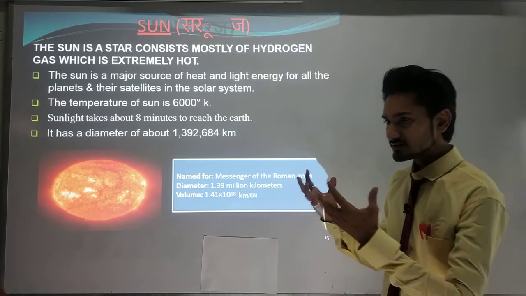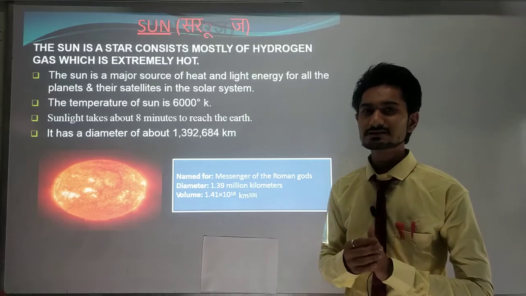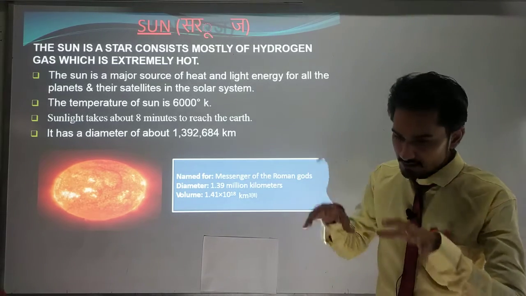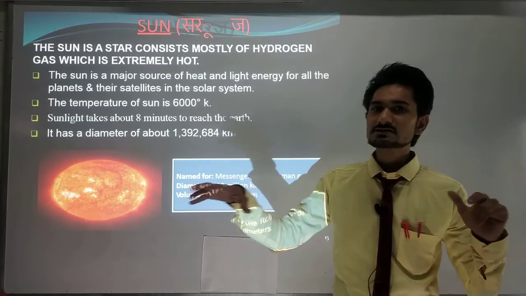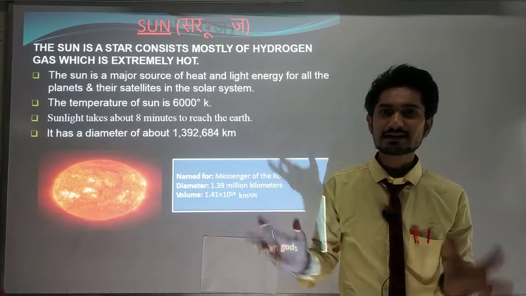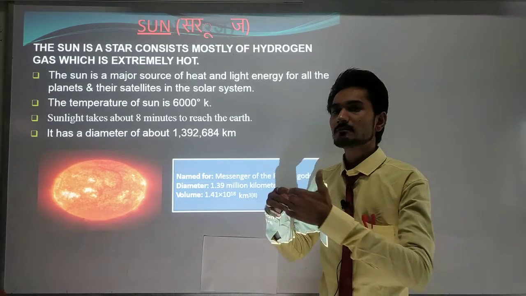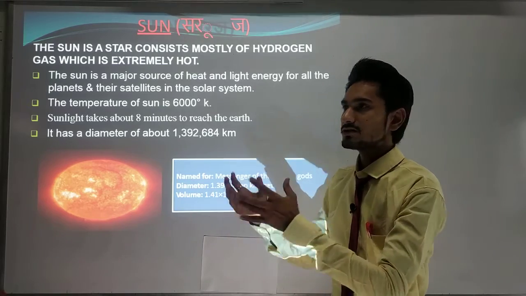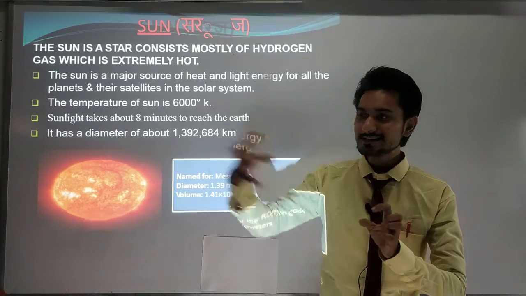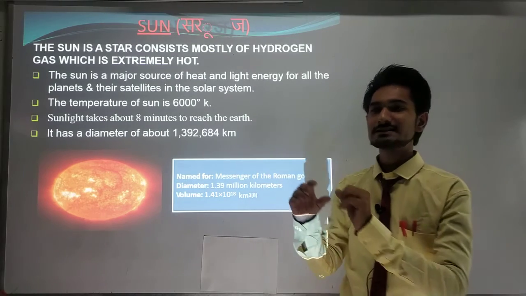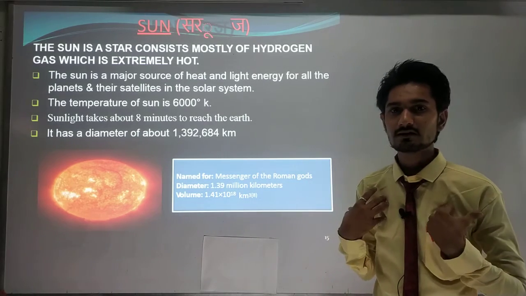But our sun is very much closer to the earth. That's why we can see it bigger, and it gives energy to our earth. And earth is at a sufficient distance from the sun, so that is why we can live here. Mercury and Venus are very much closer to the sun, so the heat radiation that comes onto Mercury and Venus is much higher than on earth.